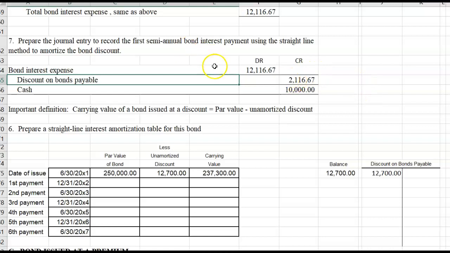Every time we make a bond interest payment, we're going to make this very same journal entry. That means every time we make a bond interest payment, we are going to credit discount on bonds payable.